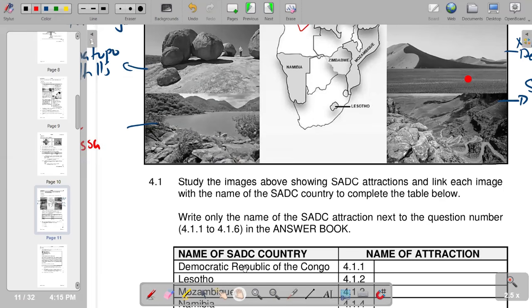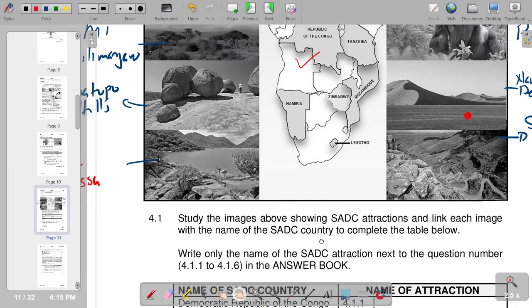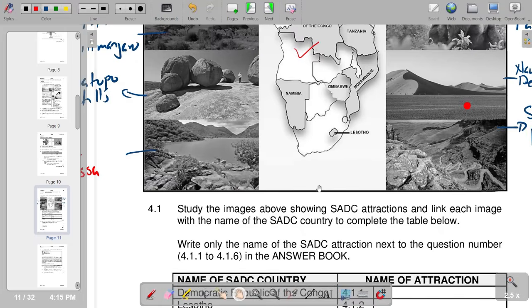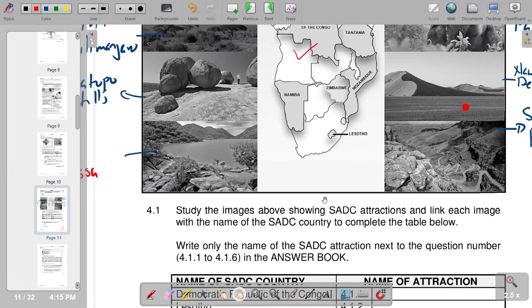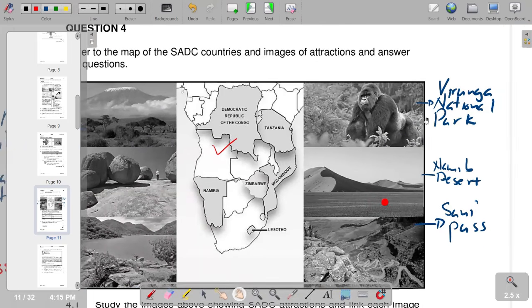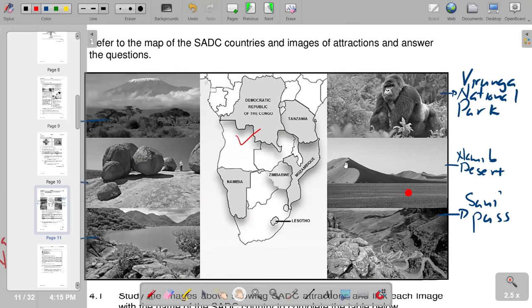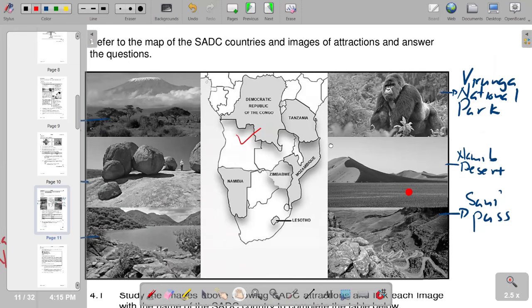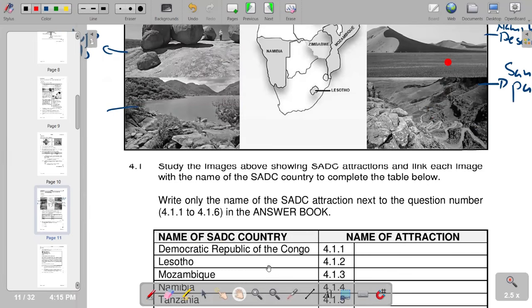So, of course, for the Democratic Republic of Congo, the name of the attraction that we see according to the images that we have, you'd see that it is the Virunga National Park, which we have on this part. And on 4.1.2, we have got Lesotho.